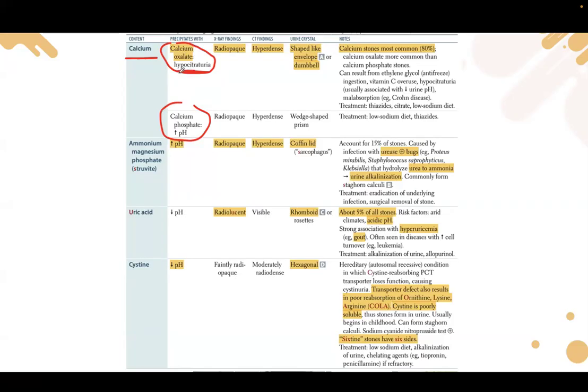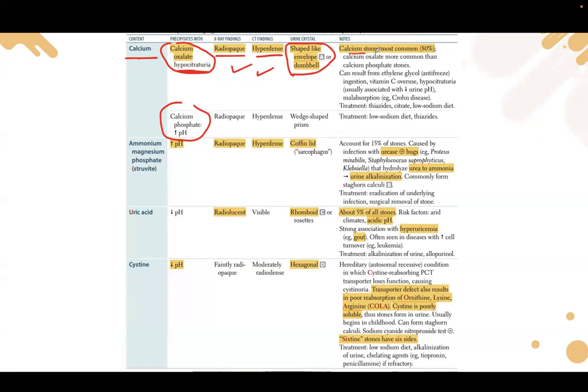In cases of hypocitraturia, calcium will be free, which would allow it to bind to oxalate in the urinary system, causing the formation of calcium oxalate stones. X-ray findings are radiopaque. CT is hyperdense, so it shows on both X-ray and CT, and it's important for your pathology to know the shape of the crystals that are going to form.